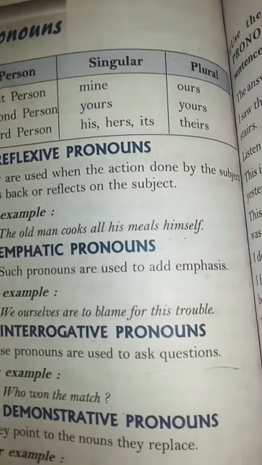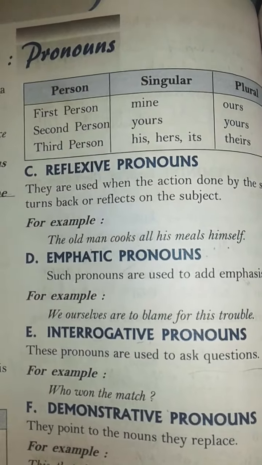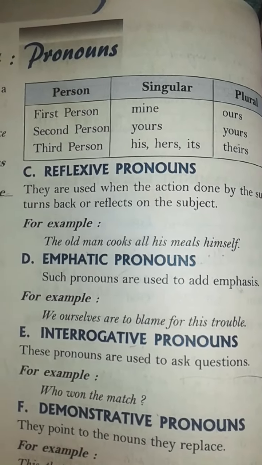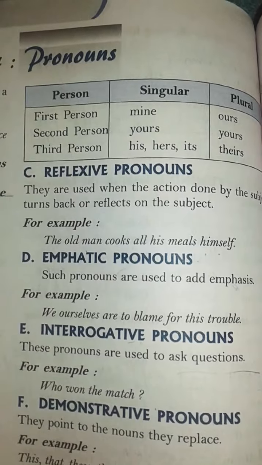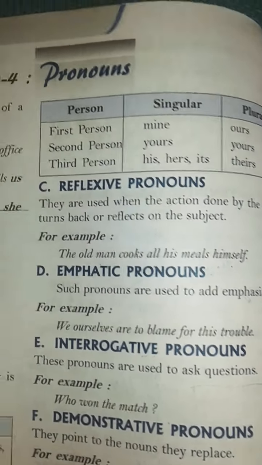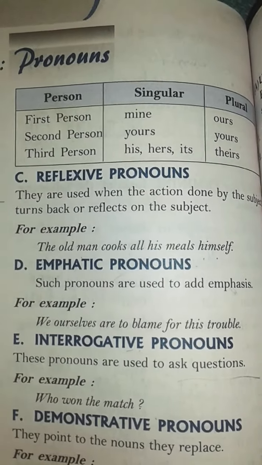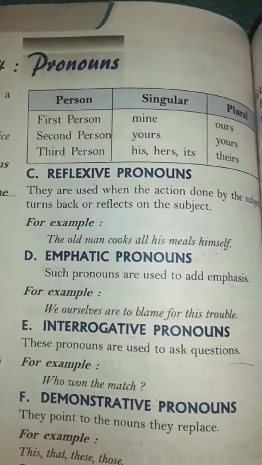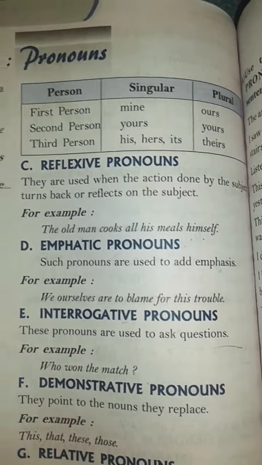Next is the reflexive pronoun. They are used when the action done by the subject turns back or reflects on the object. This is the type of pronoun used when an action comes back to the subject.